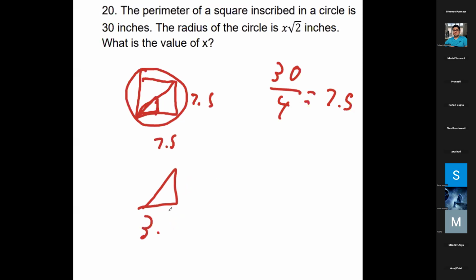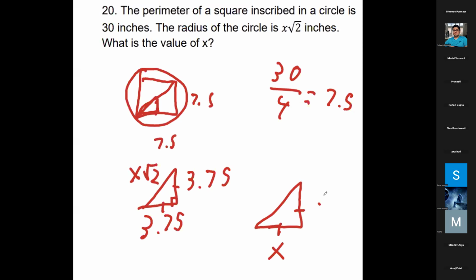So 3.75, and then a side length of 3.75, and then the radius of the circle is x root 2, so this would be x root 2, and we know that these are the same lengths, and this is a right triangle. One thing that we know from our triangle rules is that for an isosceles right triangle, the side lengths are always going to be a certain value, and the hypotenuse is always going to be that value times root 2.